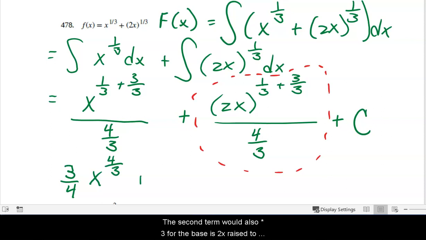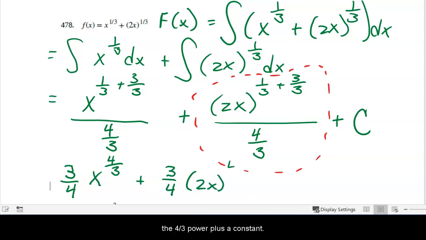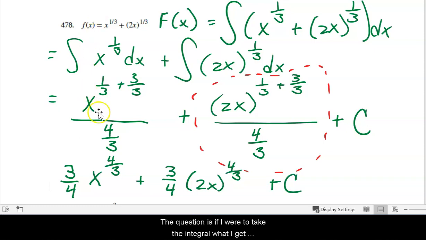The second term would also multiply by 3/4. The base is 2x raised to the 4/3 power plus a constant. The question is, if I were to take the integral, would I get back the original integrand?